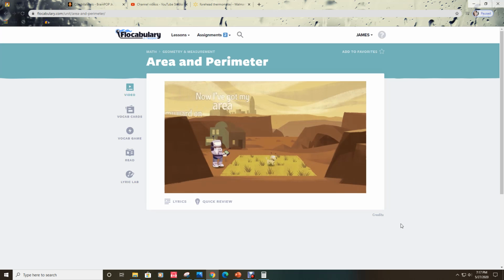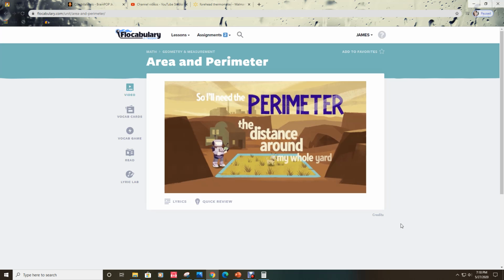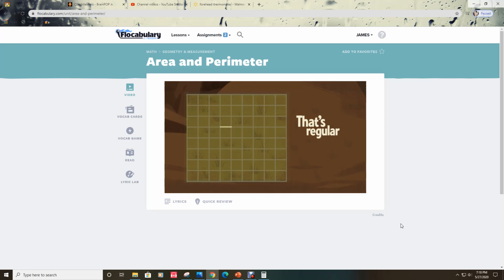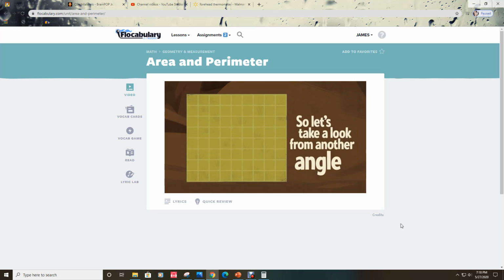Now I've got my area for my yard on Mars, and there's plenty of room for Marvin to live large. But now I need a fence, cause I heard the animals on Mars could be intense. So I'll need a perimeter, the distance around my whole yard. How do you get it? Yeah, just add up the length of the sides. 9 plus 8 plus 8 plus 9's a perimeter of 34 feet. And oh yeah, that's regular units and not units squared. So let's take a look from another angle.